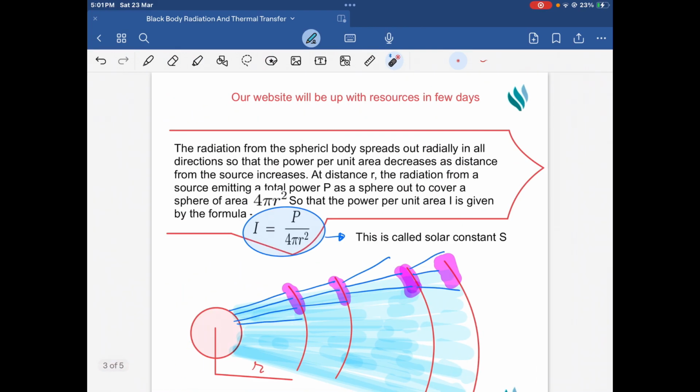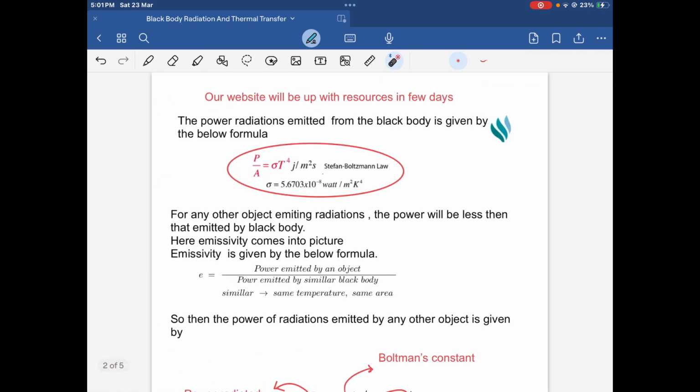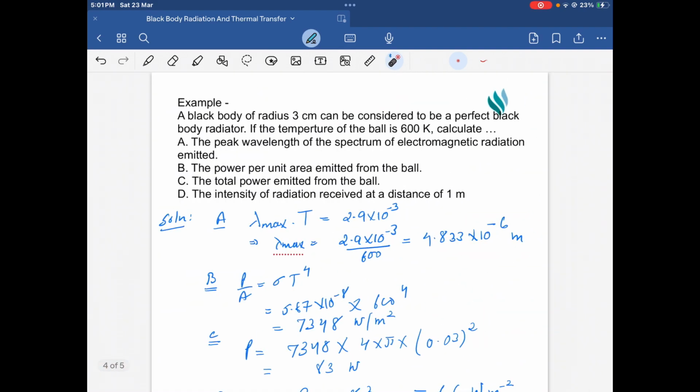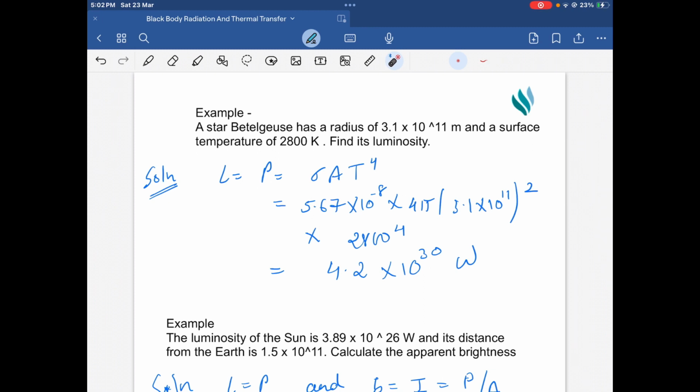Before proceeding, let us come back to our concept. In case of stars, luminosity is power, and power we know is sigma T raised to the power 4 into A. Using this concept, luminosity is power in case of stars, which is equal to sigma A T raised to the power 4.